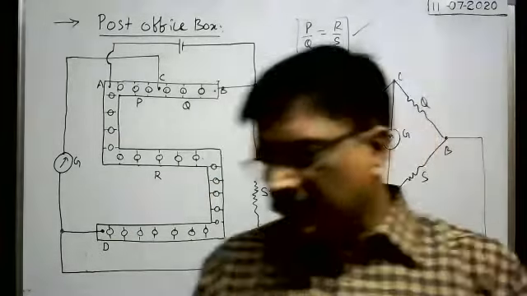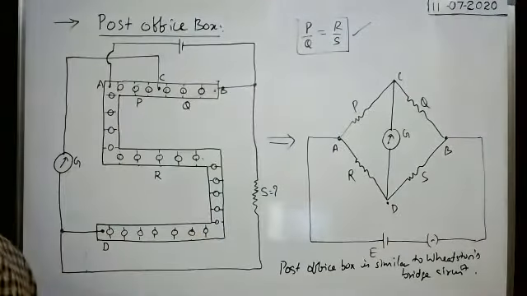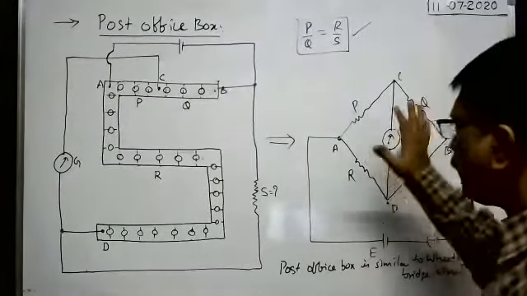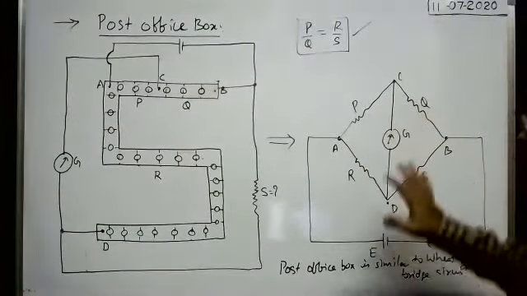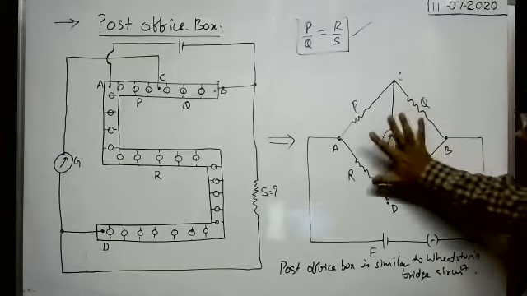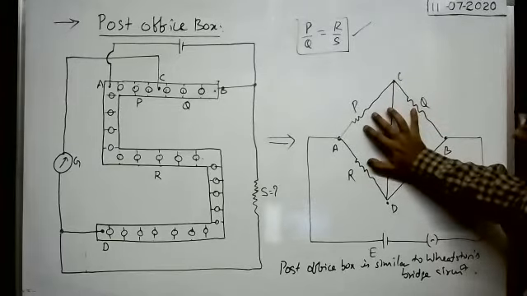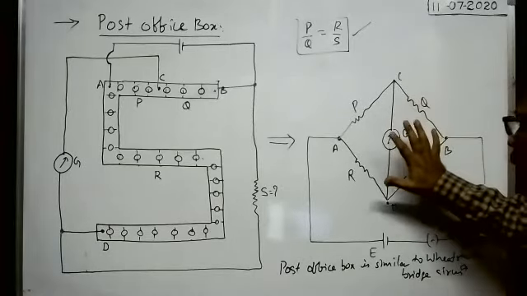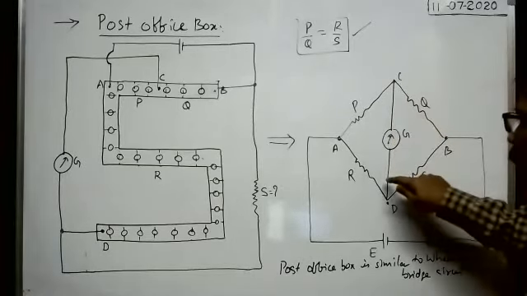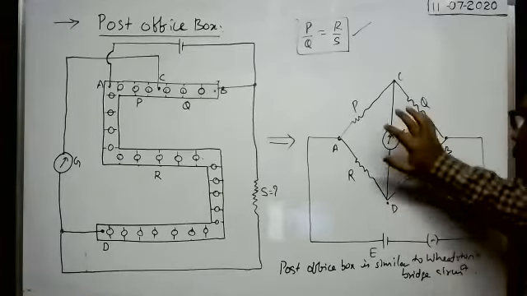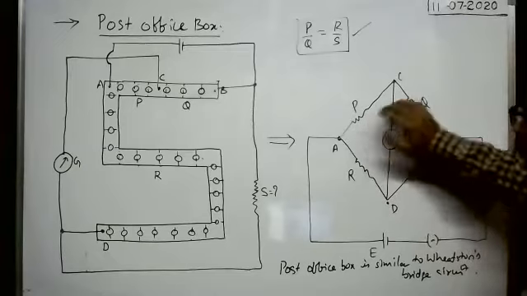Next, delta transformation method. Suppose a balanced Wheatstone bridge is given. If the Wheatstone bridge is balanced, then no current passes through the galvanometer, so we can ignore the galvanometer resistance, or any resistance here.